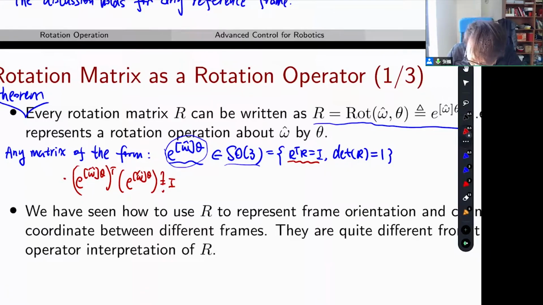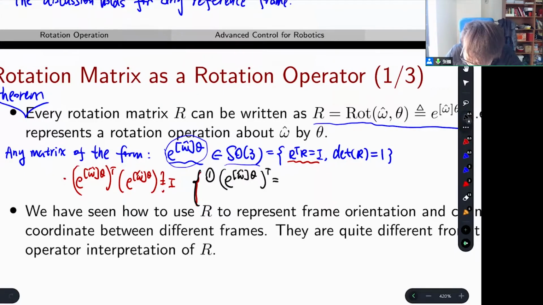Let's do a first fact. Take omega hat, skew symmetric, and take the transpose of E to the omega hat theta. By definition, this is identity plus omega hat theta, plus omega hat squared theta squared over 2 factorial, plus and so on, then take the transpose.